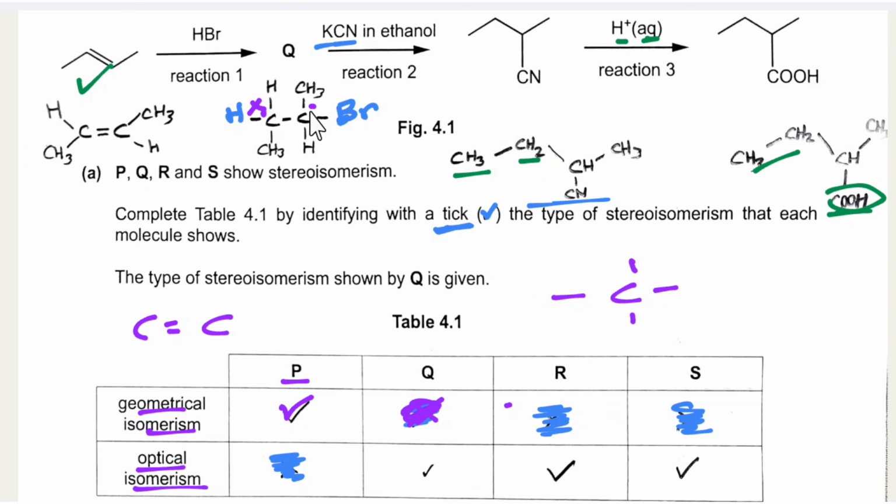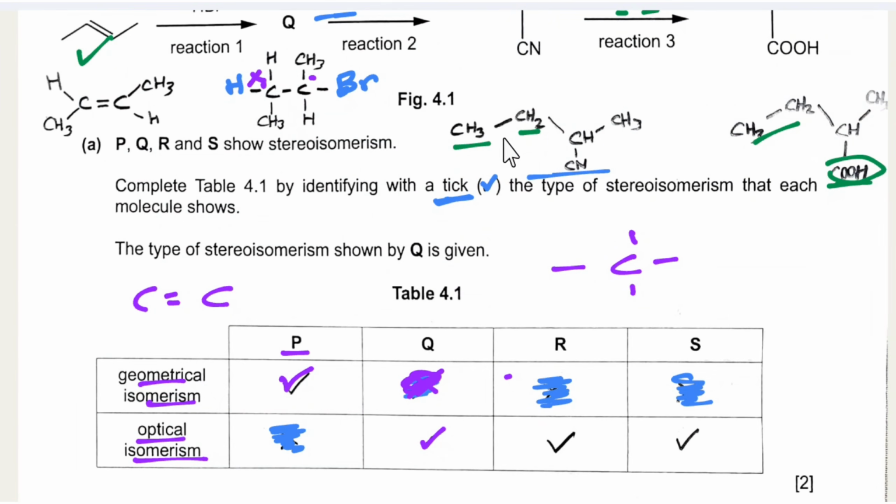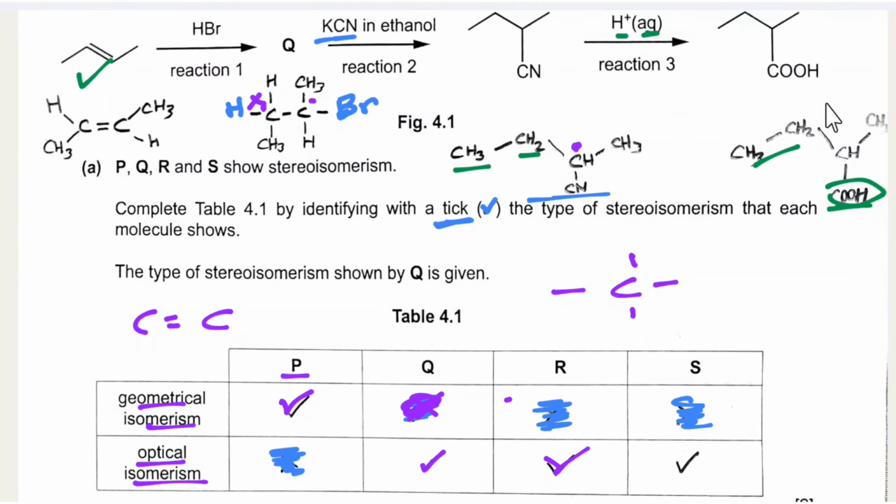But for this other carbon, we can see that it is attached to four different groups, so this would show optical isomerism, which is already given. Then for R, this carbon atom is attached to four different groups, that is hydrogen, cyanide, CH3 and CH3CH2, so this would show optical isomerism. Then for S, this carbon atom is attached to four different groups, so this would also show optical isomerism.